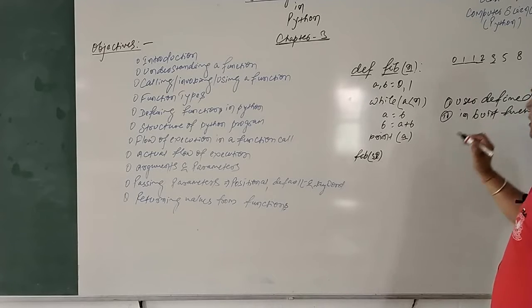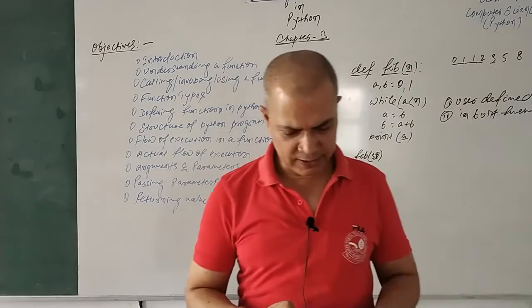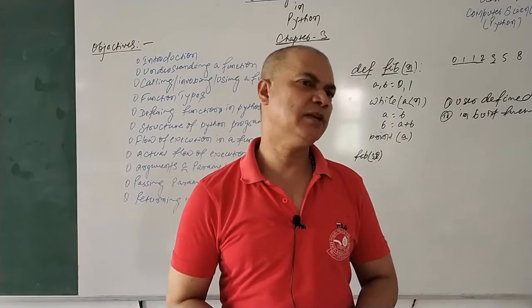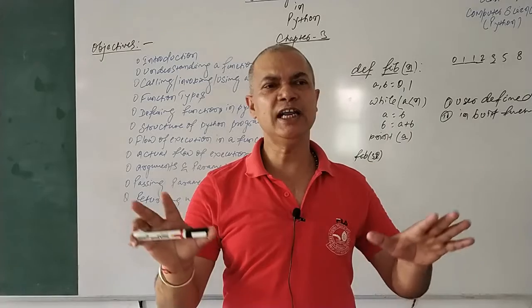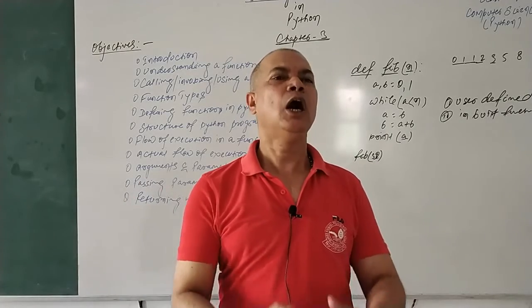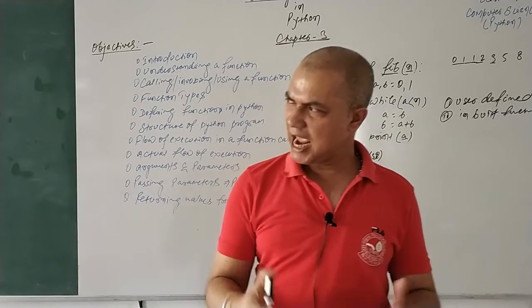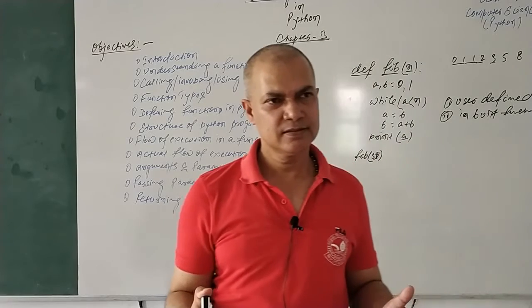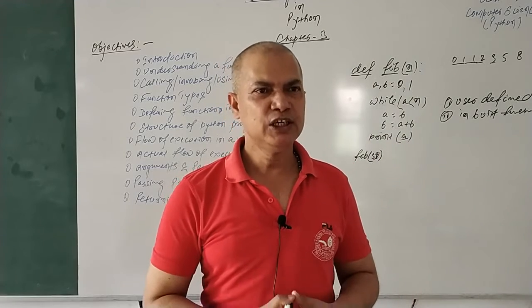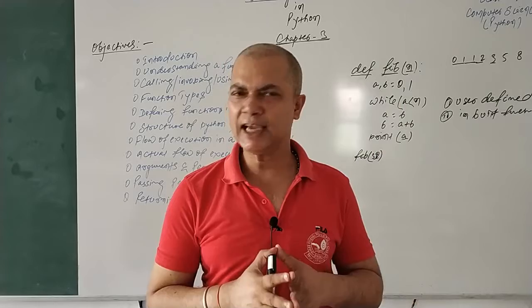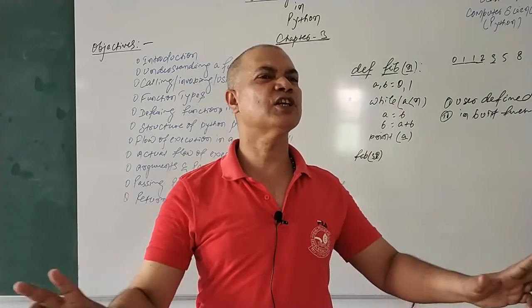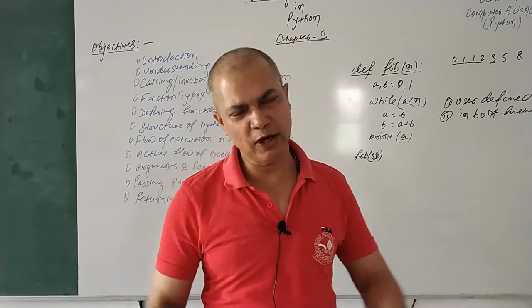Now inbuilt function is one of the types of function in Python which are already there in the Python library or a module, and can be used anywhere without writing the body.